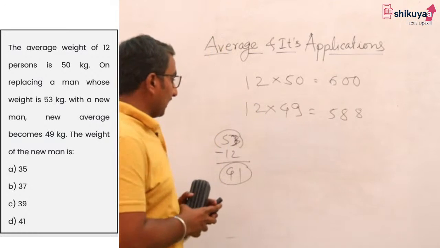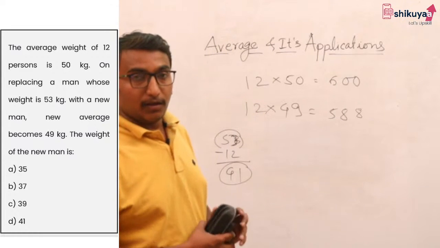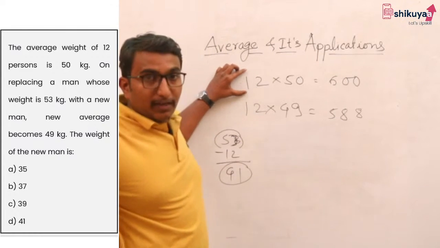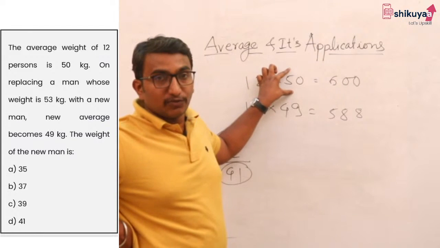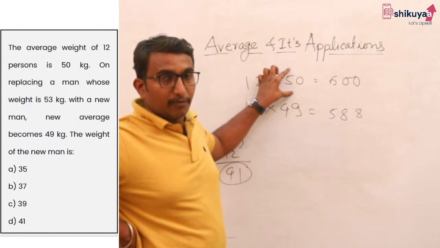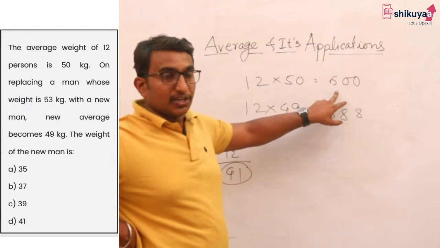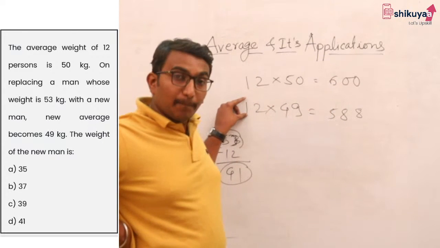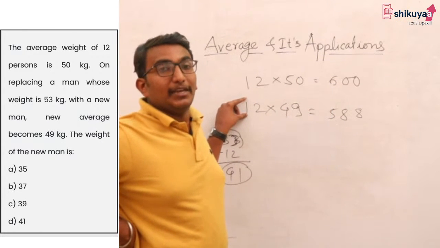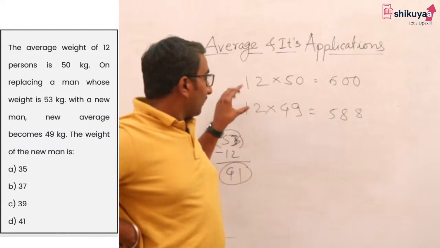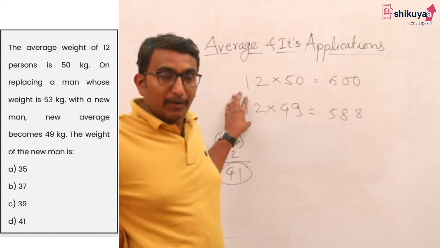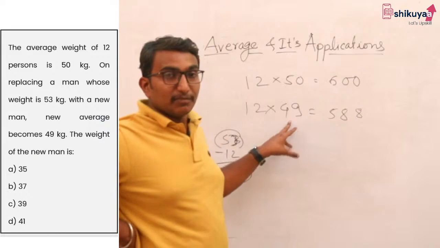Again try to understand. See, 12 people were there earlier whose average weight was 50 kg, addition 600. Now the number of people is not being deleted or added. The number of people is the same, that is 12. Only the average has been reduced by 1.